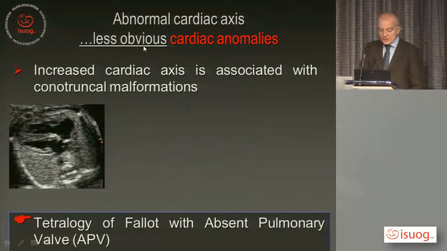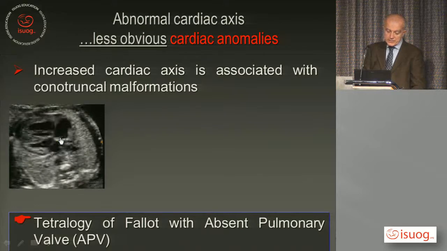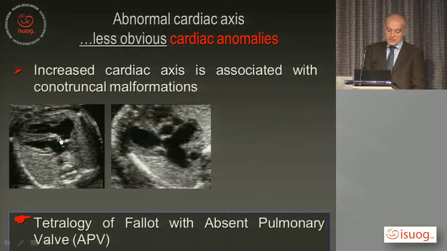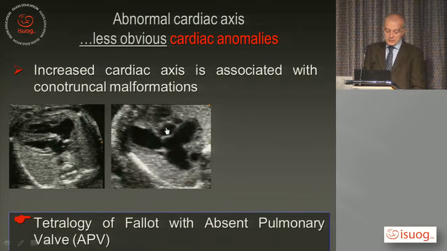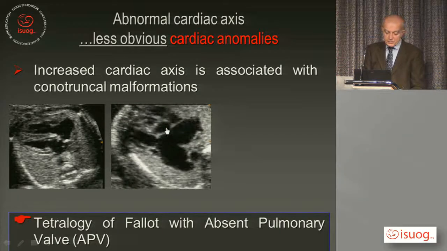Less obvious cardiac anomalies, I would say less obvious rotation of the cardiac axis. In this case, you have the impression, but if you do not measure it, you may overlook that the cardiac axis is increased, and then it's roughly 50 degrees probably. In this case, it was associated with absent pulmonary valve syndrome together with tetralogy of Fallot.